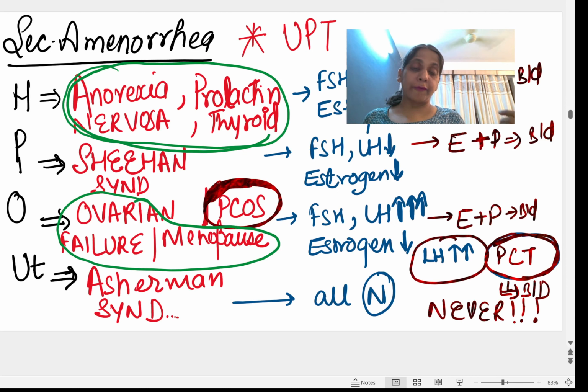This contraceptive method has the lowest Pearl index, PI standing for Pearl index. It is only 0.05, much less than tubectomy and vasectomy.